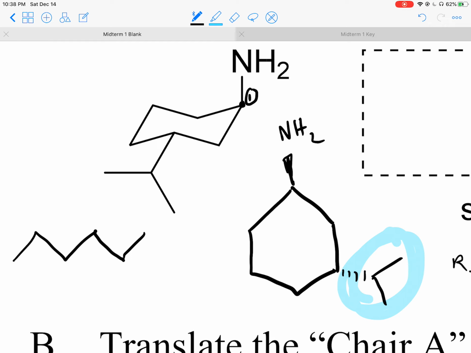And now we're going to go around the ring. We can go in either direction, theoretically, depending on what the substituents are. But we are going to find that this one that I drew is going to be the preferred one, because then this will be number 2, this will be number 3, 4, 5, and 6.